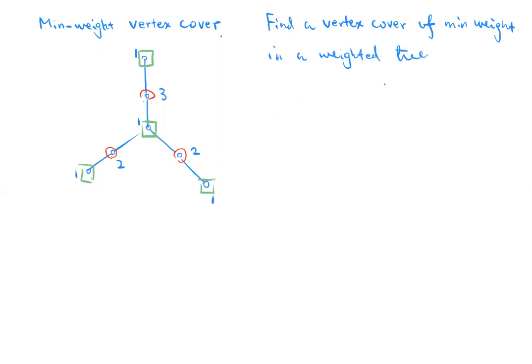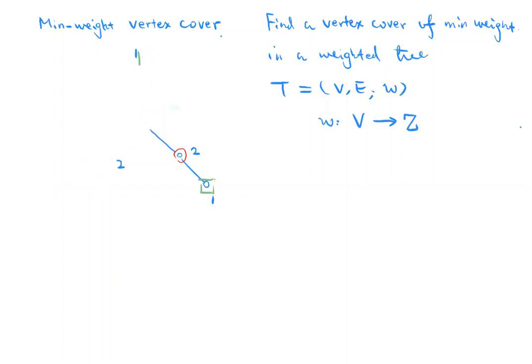So our graph is a weighted tree. The weight is on vertices, say integers. All right. So that's our example. That's our input. It's a weighted tree.